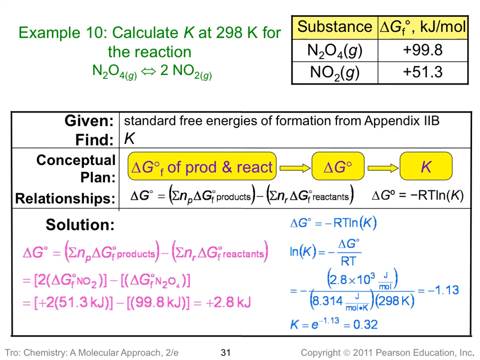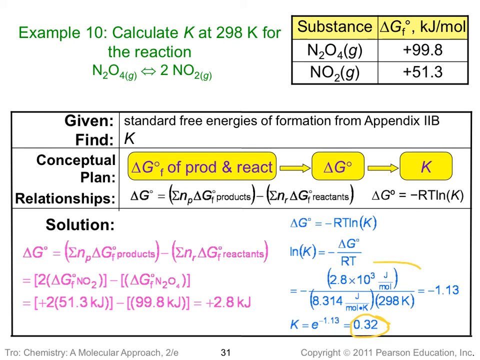So we can use this delta G equal to minus RT ln K to do some calculations. And here's one. Calculate K at 298 for a reaction. You go and look at what the delta G is, and you plug all of these things in. You don't have the K of the reaction, but you're trying to calculate the K of the reaction.